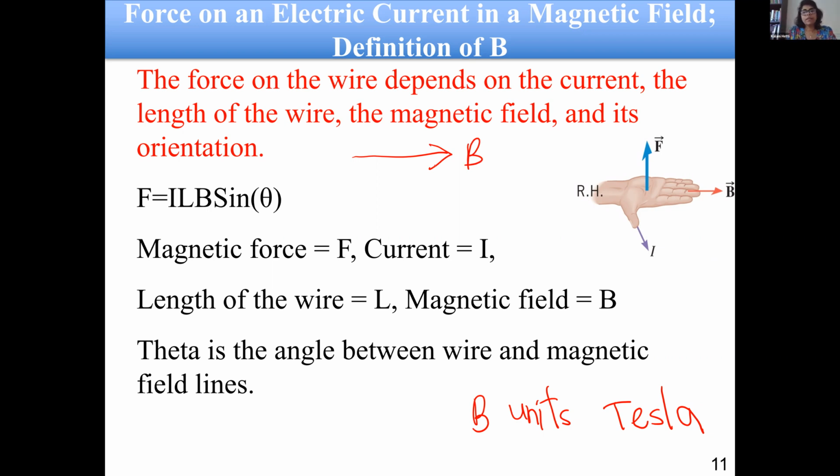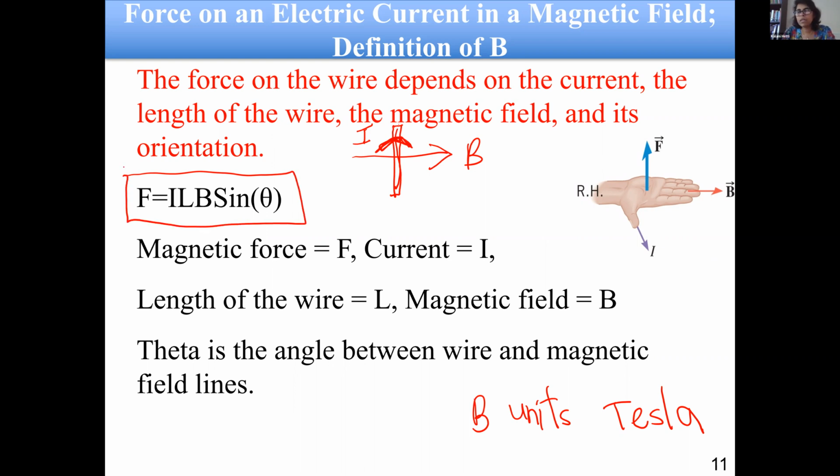Then say I have a current carrying wire inside the magnetic field, carrying the current in the upward direction. This current and B together will create a force. We call that force the magnetic force. Force is measured in newtons, as we know, right? Now I will be able to calculate that force by using this formula.